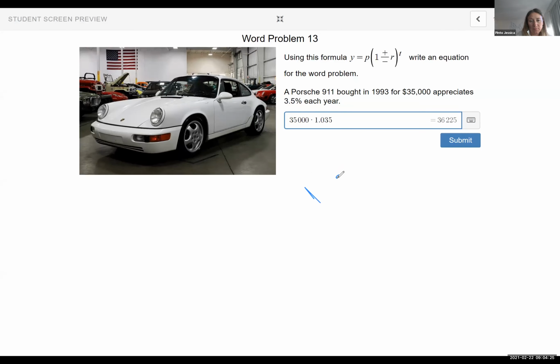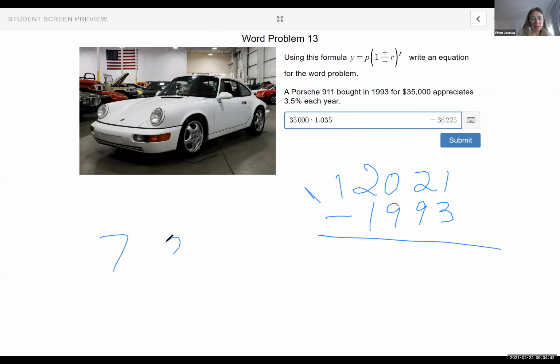My pen is not working. 2021 minus 1993, that's the math I'm going to do in my calculator to figure out how many years it's been. Oh, that's too hard. I'll say it was 7 years to 2000. And then to 21, it was 21 years, so that'd be 28 years.